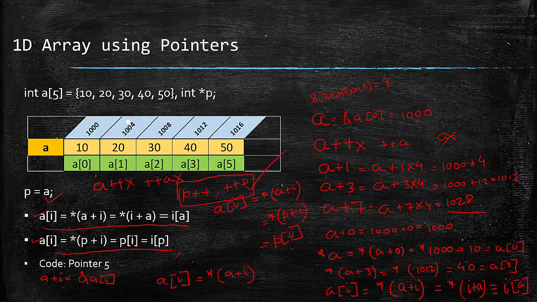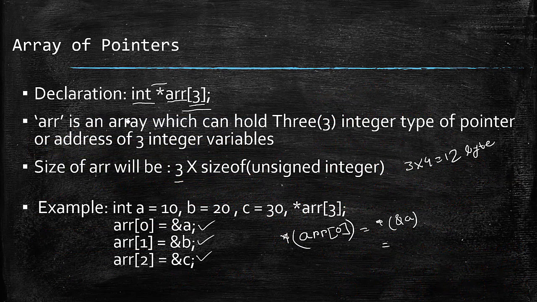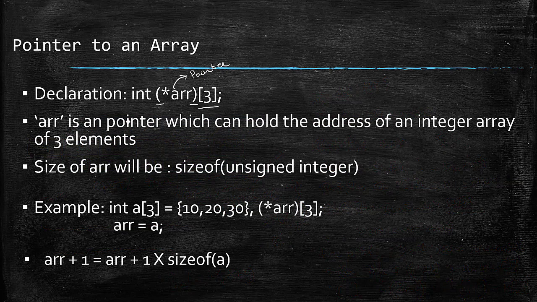Let us discuss how we are going to explain the ARR. So ARR is a pointer which can hold the address of an integer array. Why integer array? Because we are mentioning it is an integer array. And how many elements will be there in that array? The array will have 3 elements.